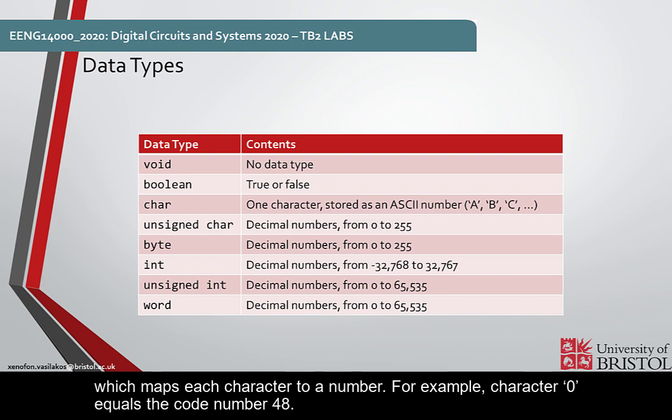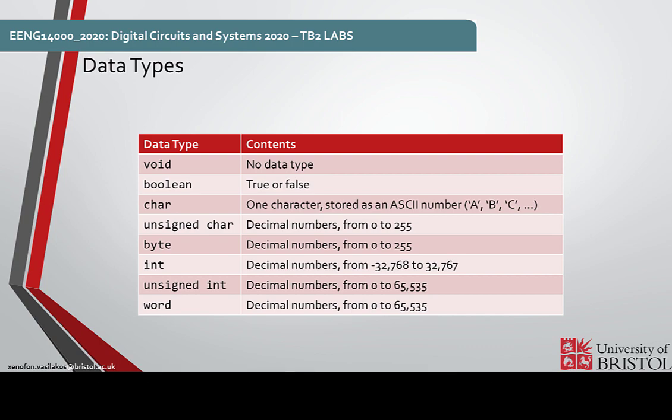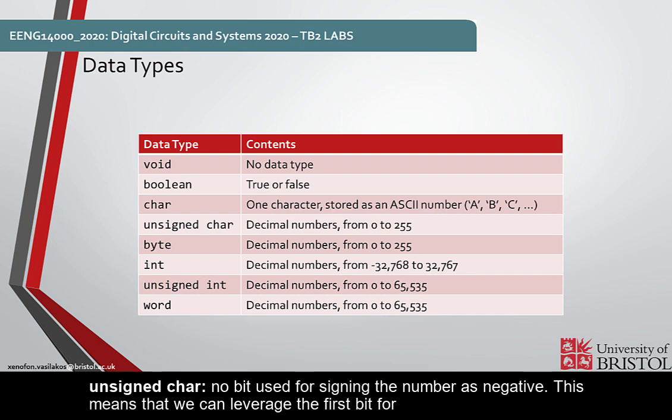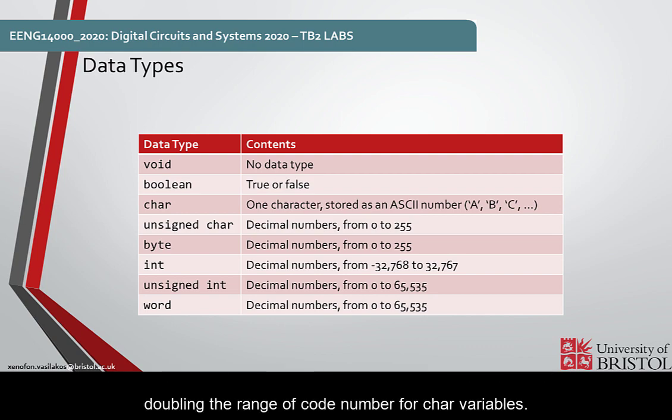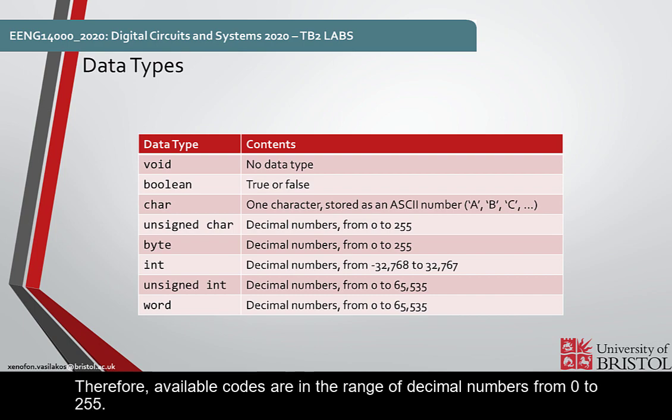For instance, character 0 equals the number 48. Unsigned char. No bit is used for signing the number as negative. This means that we can leverage the first bit for doubling the range of code numbers for char variables. Therefore, variable codes are in the range of decimal numbers from 0 to 255.